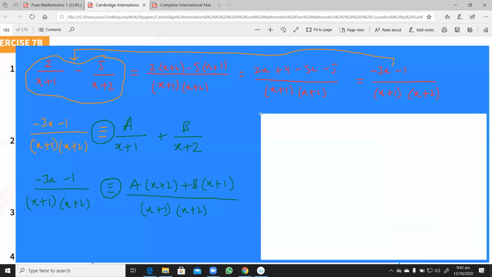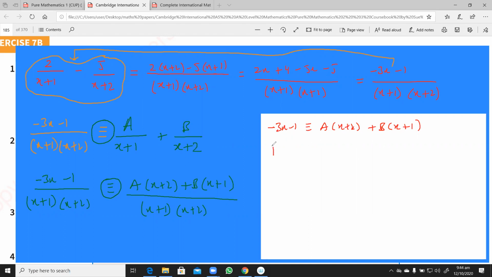Okay? Now our mission is to determine the values of a and b. Since this is an identity, the left hand side is the same as the right hand side, so I can compare the numerators. So minus 3x minus 1 is the same as a into x plus 2 plus b into x plus 1. Since this is an identity, I can put anything over here.